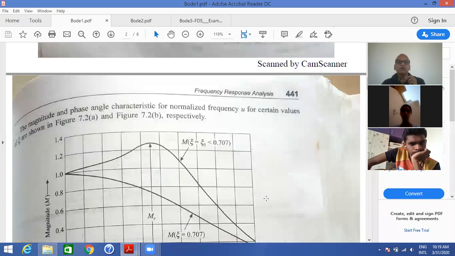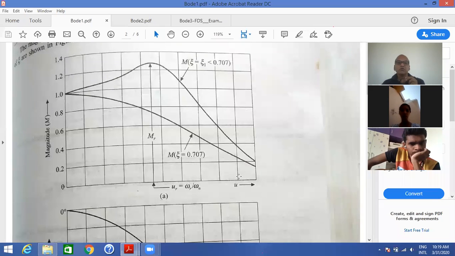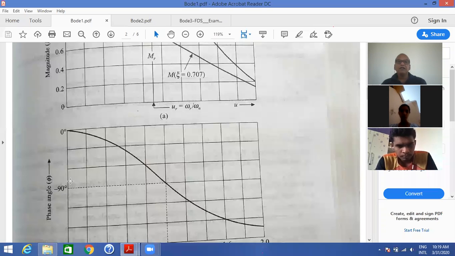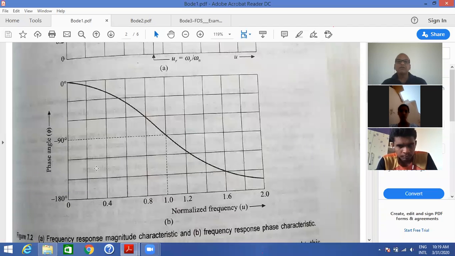And if you observe the response, this is the response. That is the magnitude, against the normalized driving signal frequency, that is ω divided by ωn. Also the phase angle, φ, is equal to minus tan inverse of 2ζu upon 1 minus u square, again against the normalized frequency.